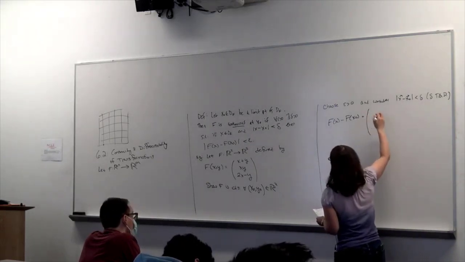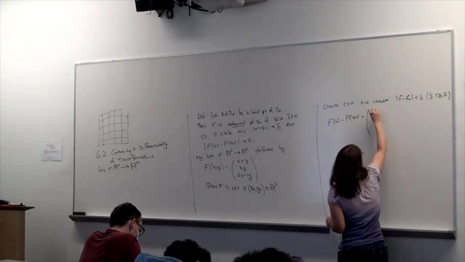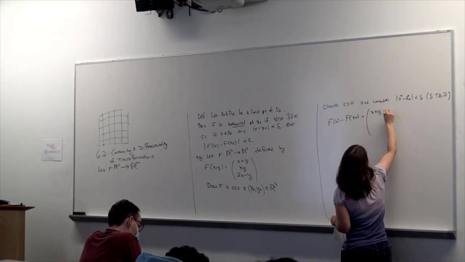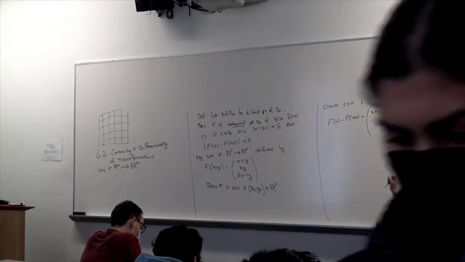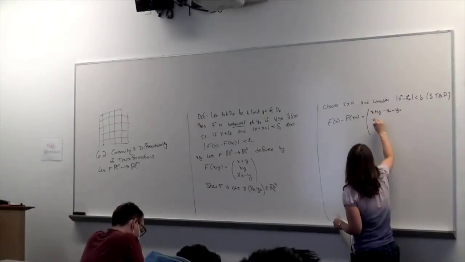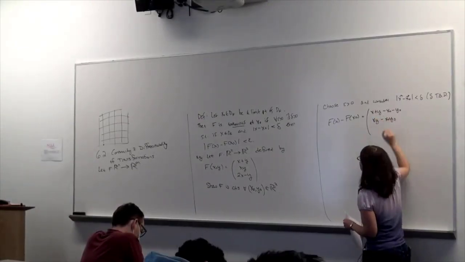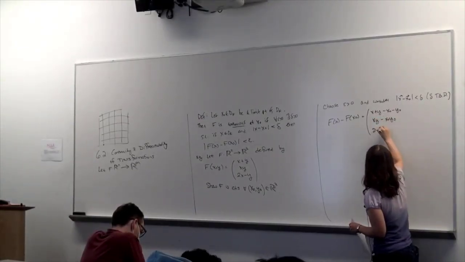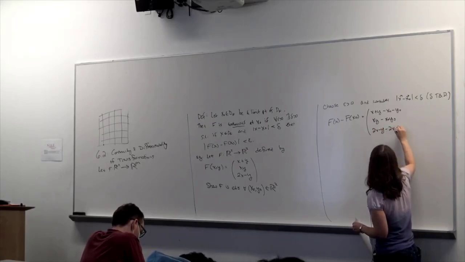Okay, so what am I going to have? I'm going to have x plus y minus x naught minus y naught, xy minus x naught y naught, and 2x minus y minus 2x naught plus y naught.